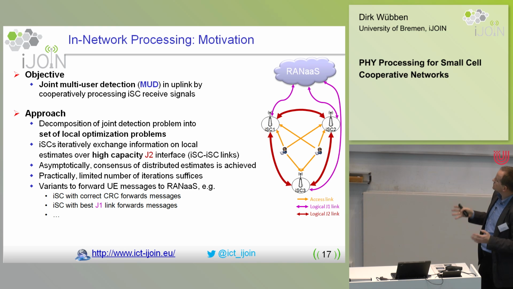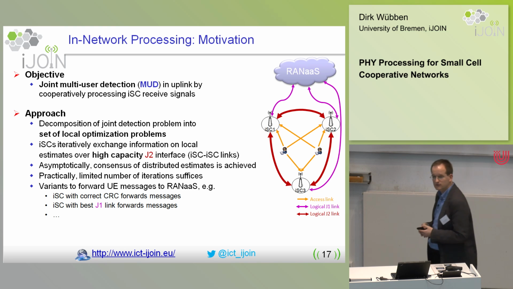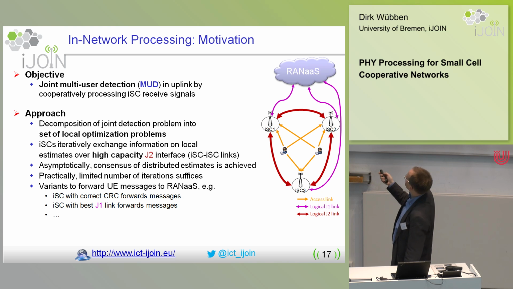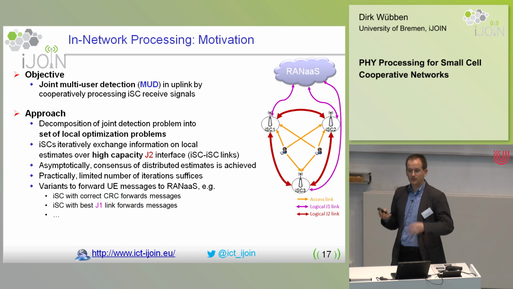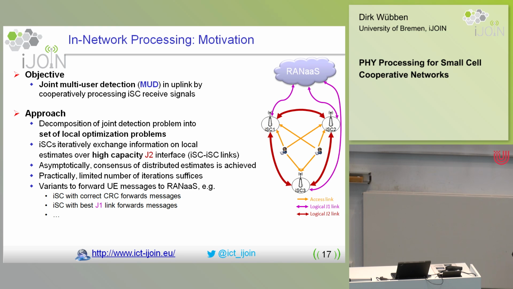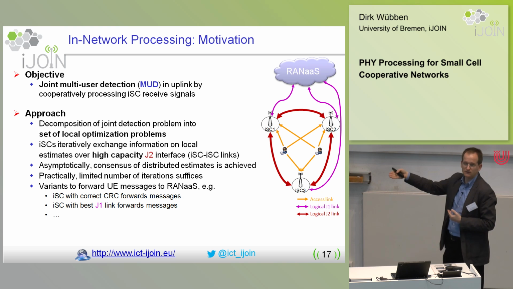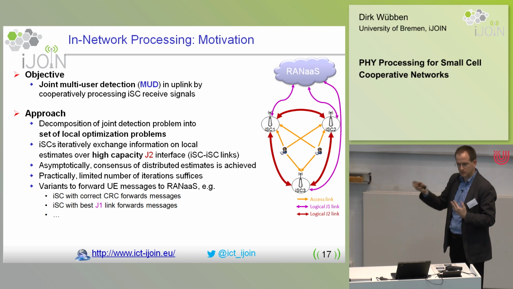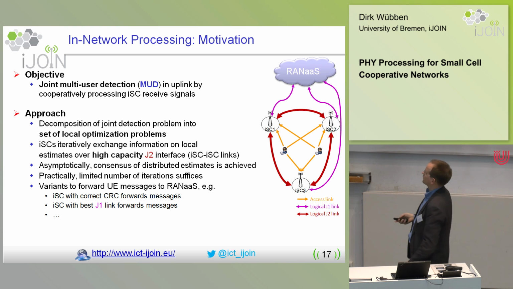However, what we can achieve is a performance which is close to the centralized performance with very low J1 overhead. All this backhaul overhead occurs where the signals occur, in the vicinity of the ISCs or between the ISCs, and not with respect to the RANners, which may be deployed several kilometers away, depending on the deployment configuration.